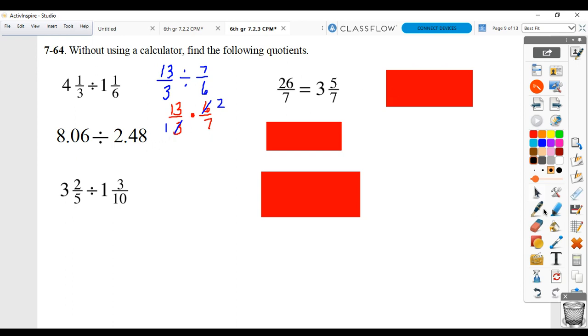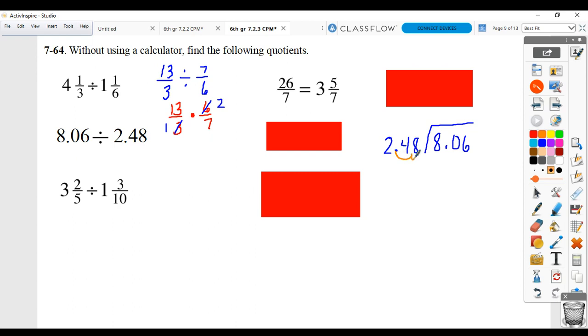For the second one, you could divide it with long division. You could make it 8.600 divided by 2.4800. However, you do not want to leave your divisor as 2.4800.